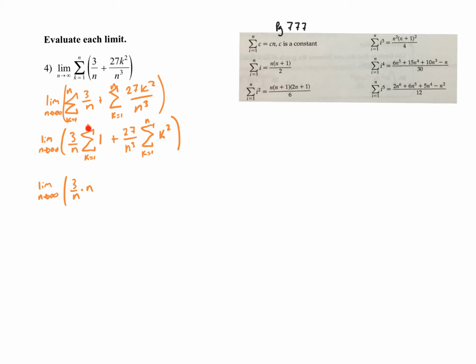So this thing right here is just n, plus 27 over n cubed times this, since this is a k squared, is going to be n times n plus 1 times 2n plus 1, all over 6.